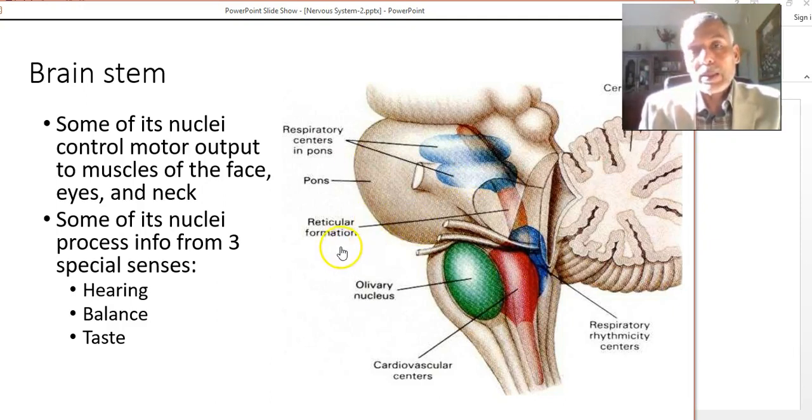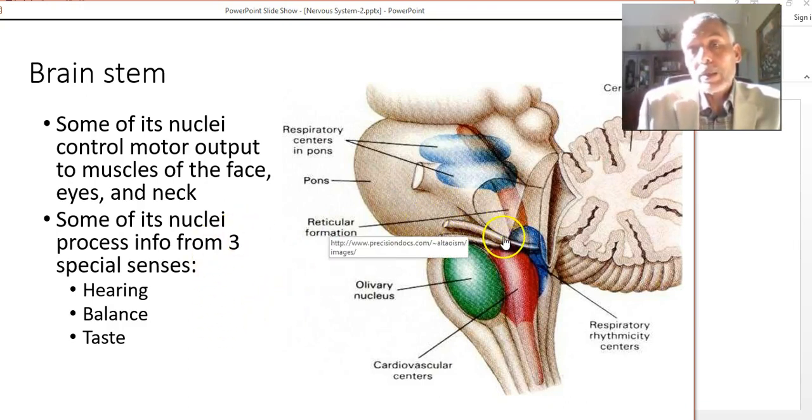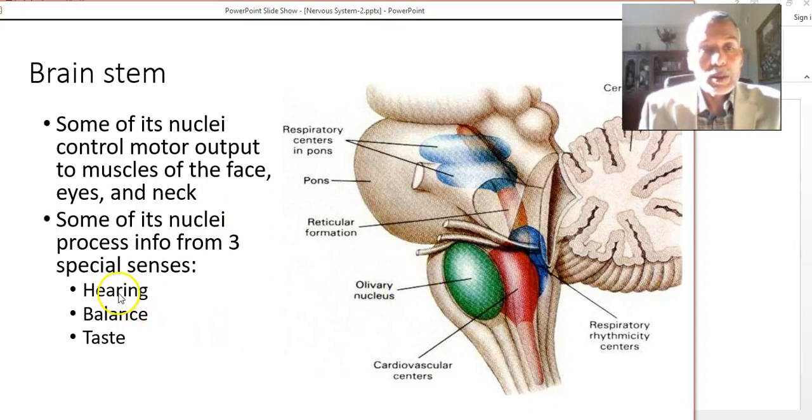And then, like I said, there's the reticular system here, and there's also the olivary system. So all of these, as you can recall, are autonomic nervous system functions primarily. And yes, there is voluntary movement in terms of the motor component as well, which is here, motor output.